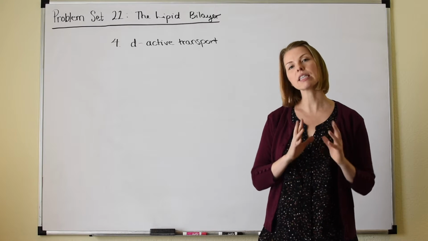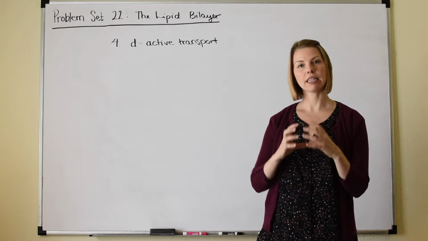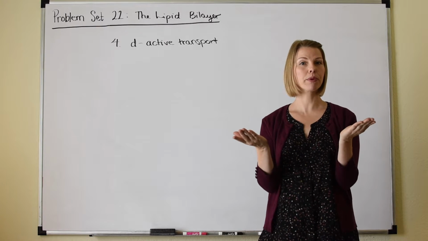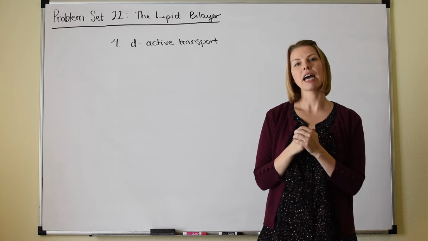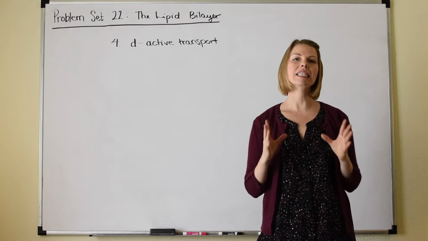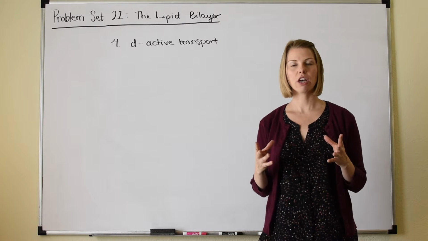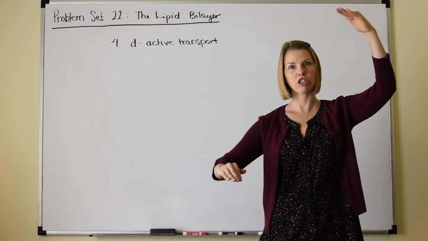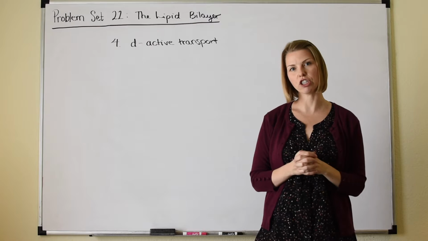And so in facilitated diffusion, that larger molecule binds to an integral protein, causing that protein to change its shape and carry the molecule over to the other side. Now, this does not take energy because it still relies on the natural tendency of molecules to move from a region of higher concentration to a region of lower concentration until they equal out. And that's a natural tendency. It doesn't require energy to do that.